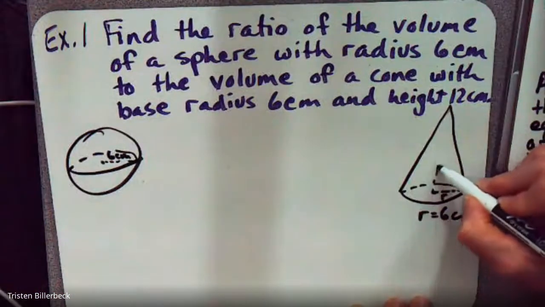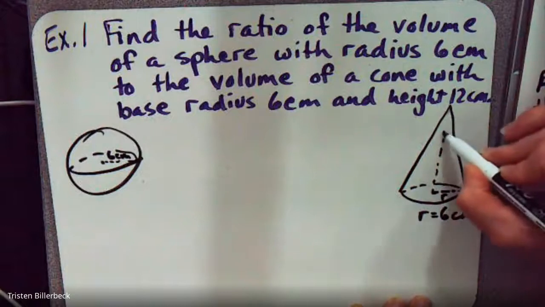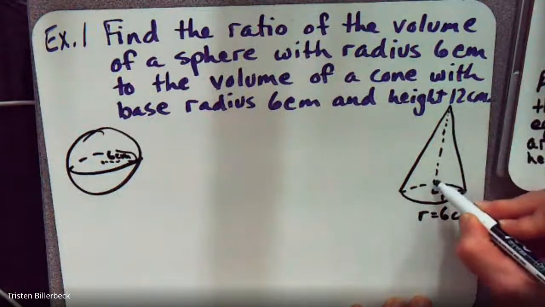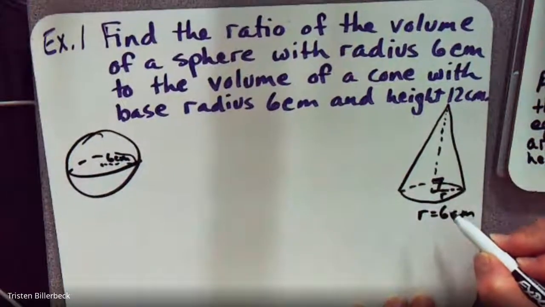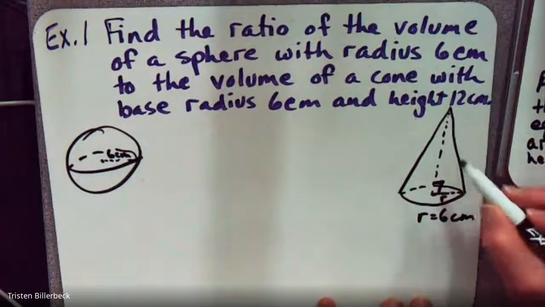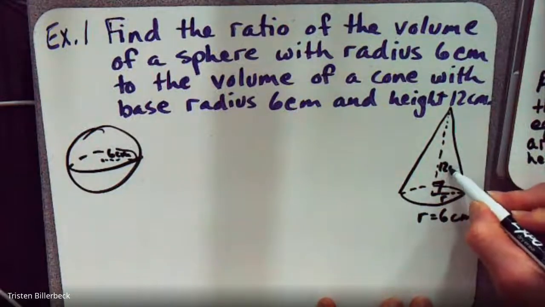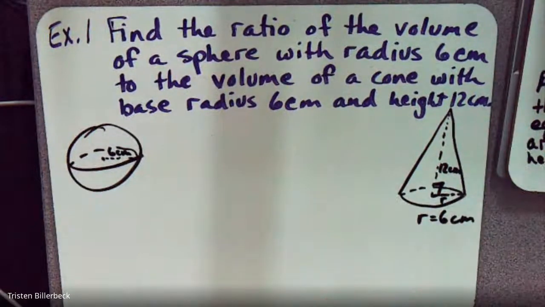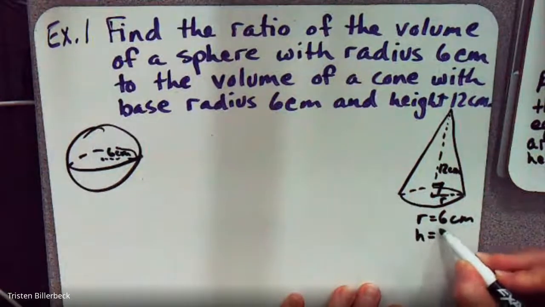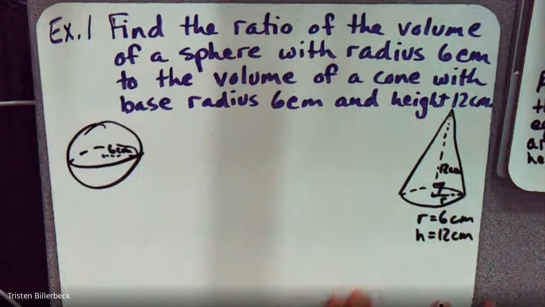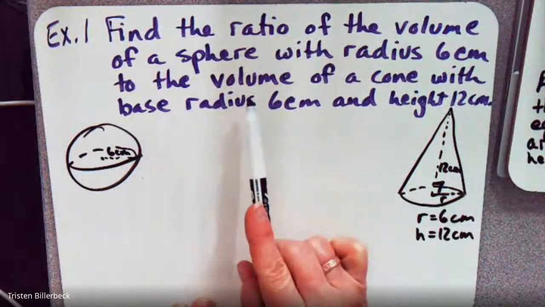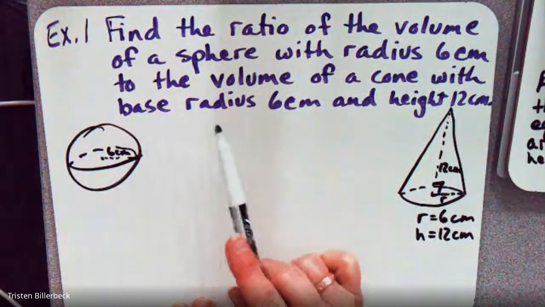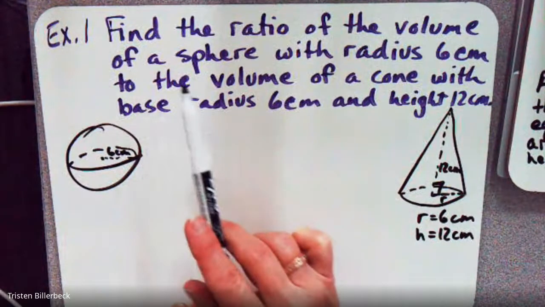And let's just pretend that I made this a right cone instead of a slightly Tower of Pisa cone. Okay, Tower of Pisa is the leaning Tower of Pisa, in case you don't know. So 12 centimeters is the height. Okay, so it wants us now to find the ratio of the volume of the sphere with the volume of the cone.